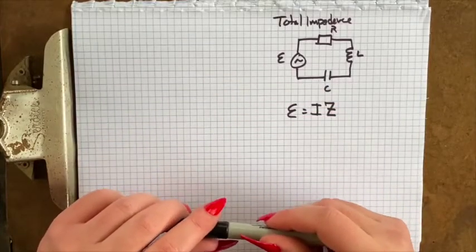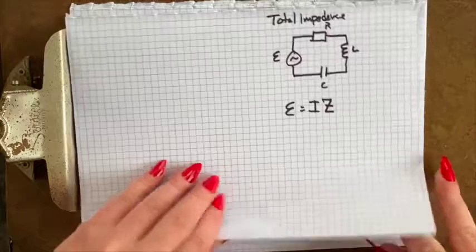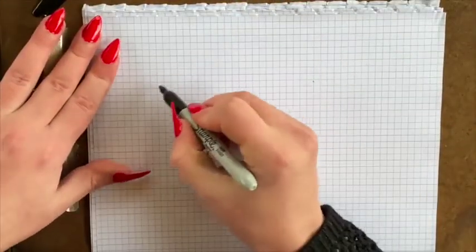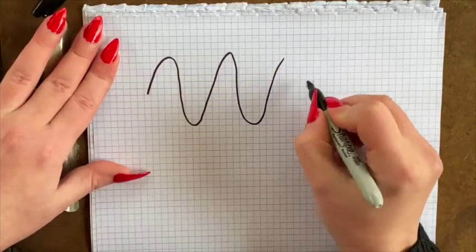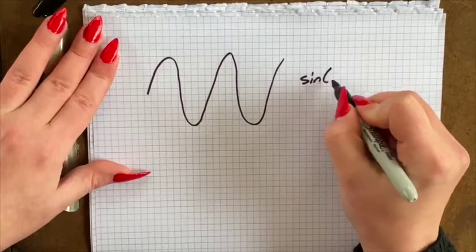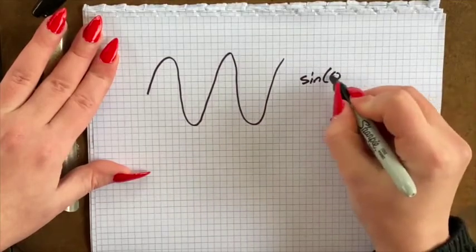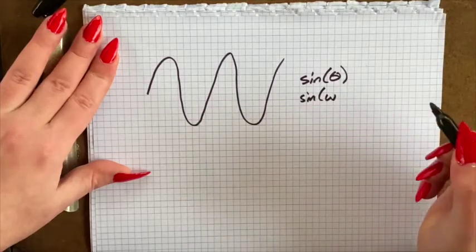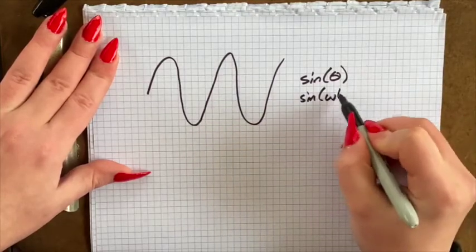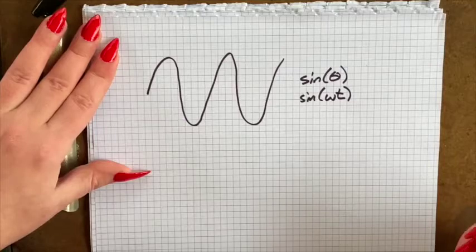As for why that works, I guess we could skip forward a page and say, look, if you have a sine wave that looks like this, it's defined as a sine of some angle, which is really some kind of an angular frequency times t.